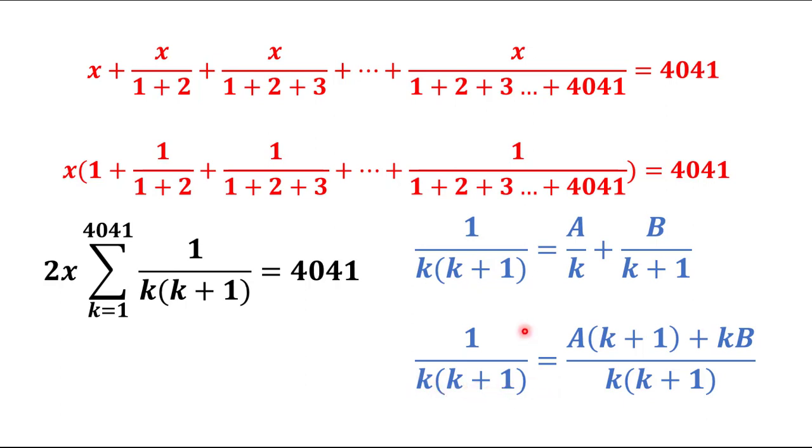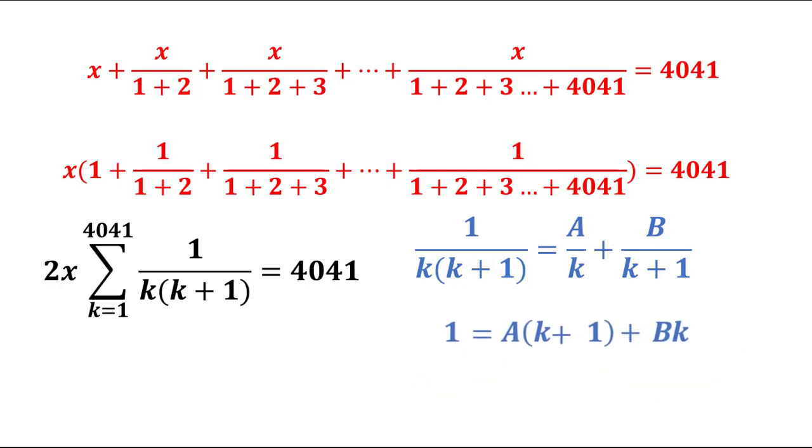So we're going to get 1 equals a times k plus 1 plus b times k. Now multiply k plus 1 by a, and we combine the like terms. The like terms are ak plus bk, and we can factor out k from these two terms.